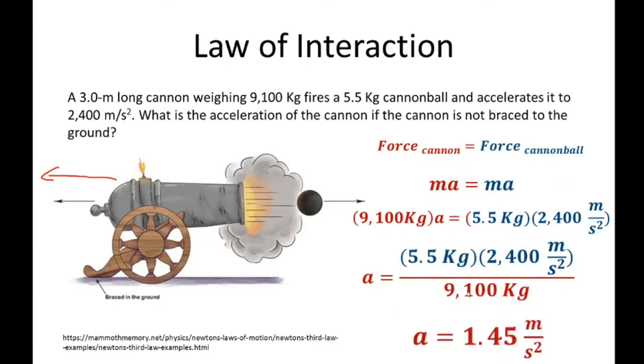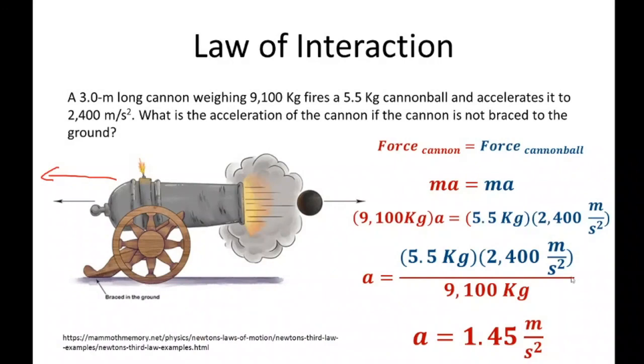The value for acceleration is 1.45 meters per second squared. So you would expect that if the cannon is not braced, the cannon would be accelerating to the left at 1.45 meters per second squared, especially if the surface is frictionless.